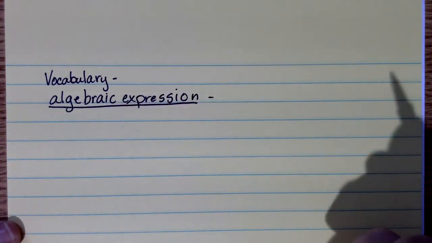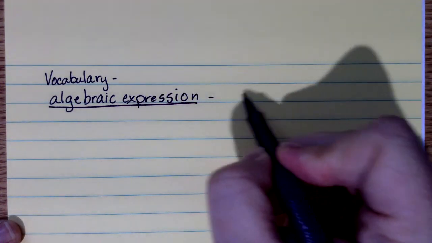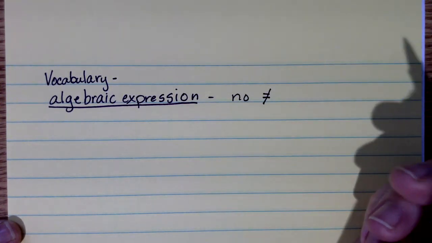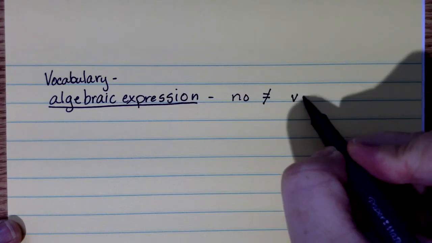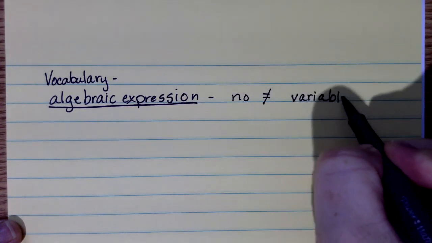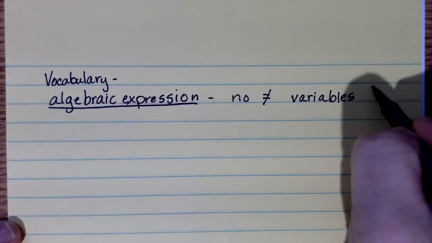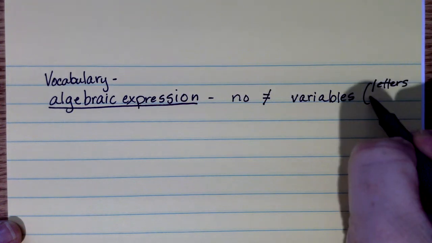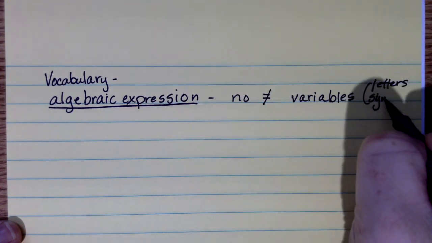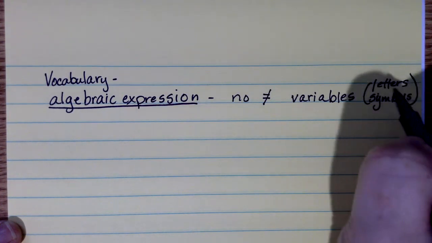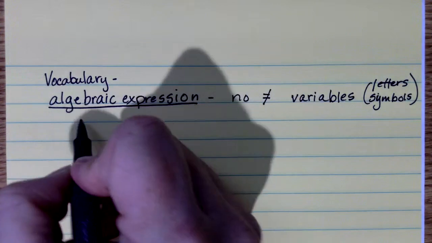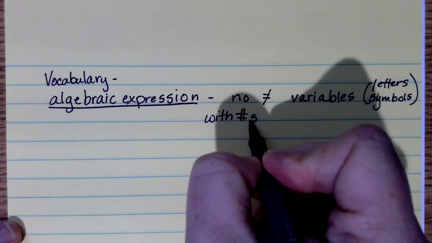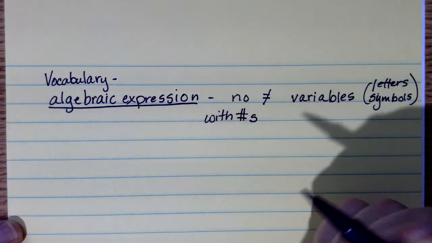An algebraic expression is a mathematical statement without an equal sign, so it has no equal sign, that combines variables, which are going to be letters or symbols, with numbers, using one of the operations.